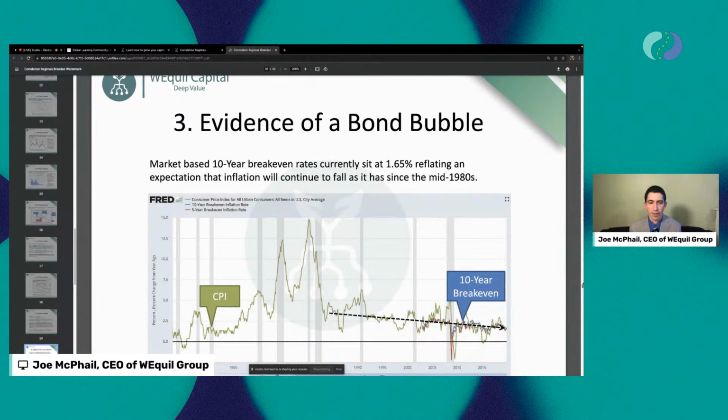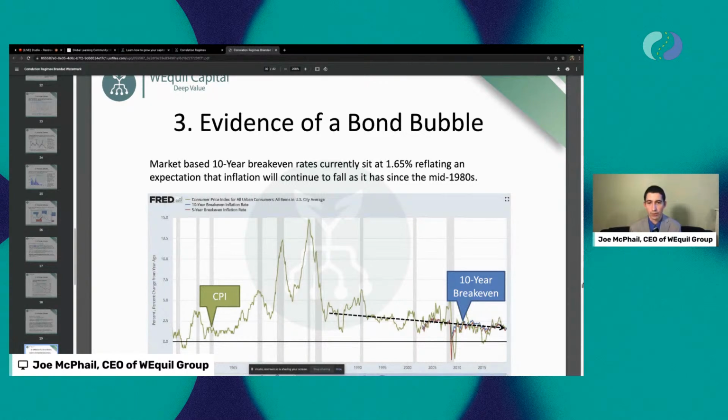That's an important point to make as we segue into looking at evidence of a bond bubble. We basically see bonds as being in a bubble, and we think that now is the beginning of that bubble really bursting. That's why we're doing this presentation today.